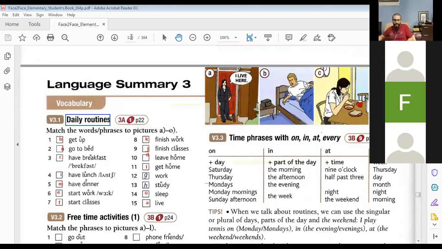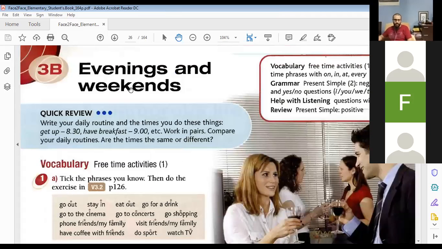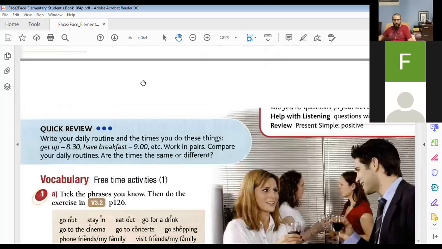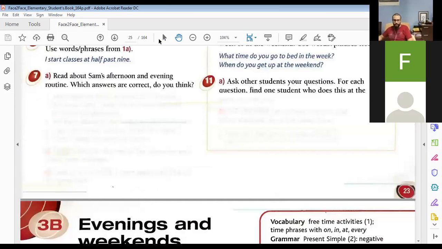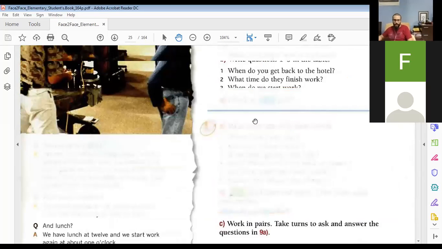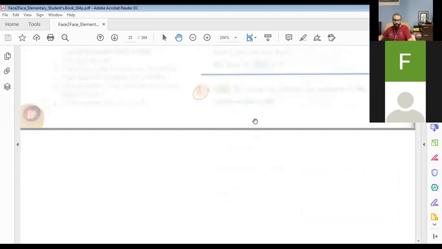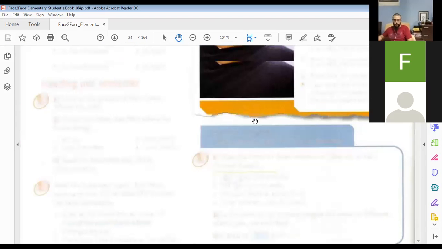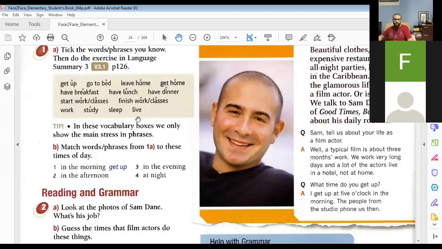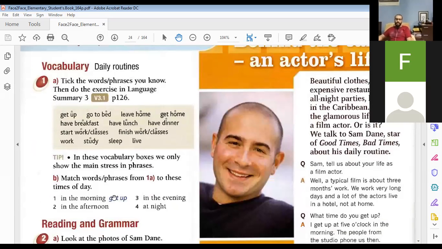Okay, now let's go back. Let's check our exercises. So here we talked about daily routines. Okay, so here it is. So we talked about daily routines in this vocabulary.